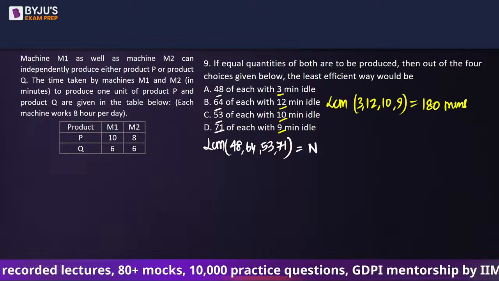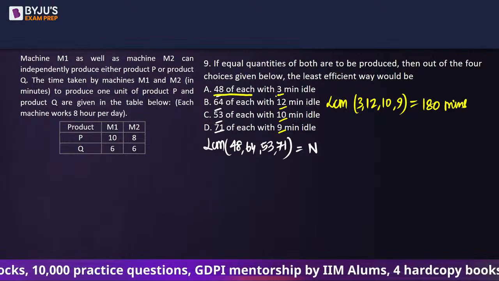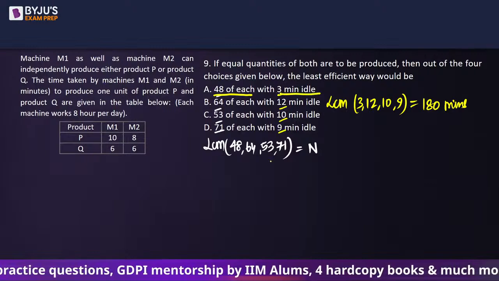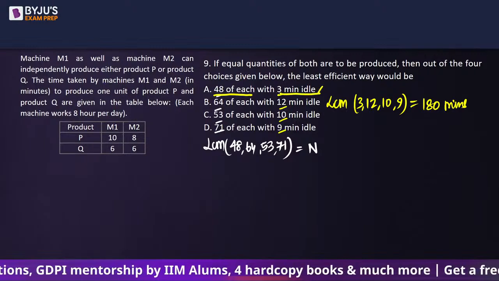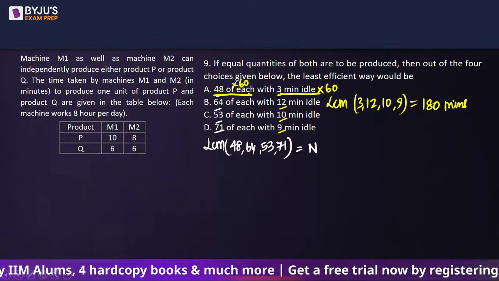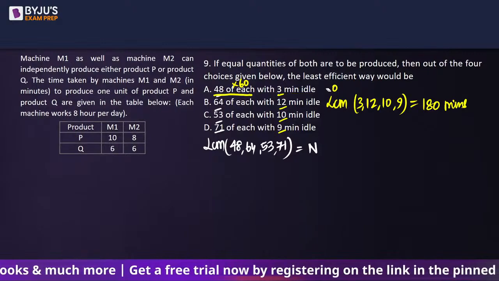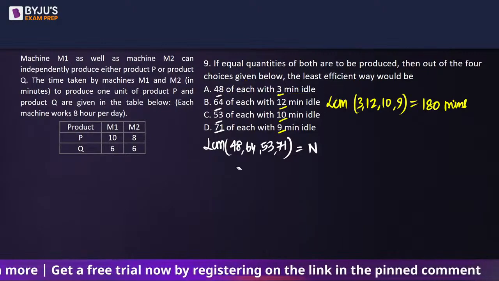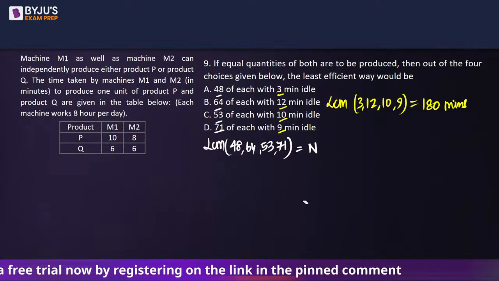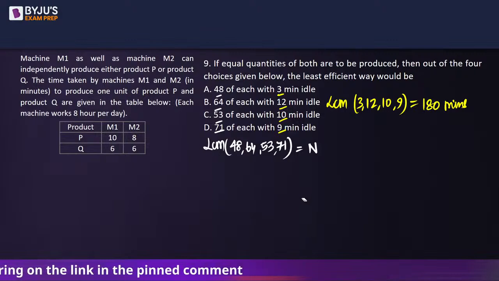So I'm saying that if it was for every 48 minutes, if it was idle for 3 minutes, so 180 minutes ka, that would mean that I need to multiply it with 60. So those many units were produced, right? Same was the logic that we had to include when we took the total number of units produced as the LCM of the units produced each time.